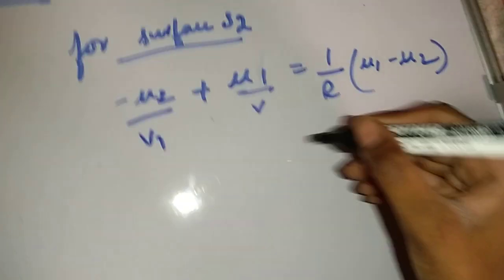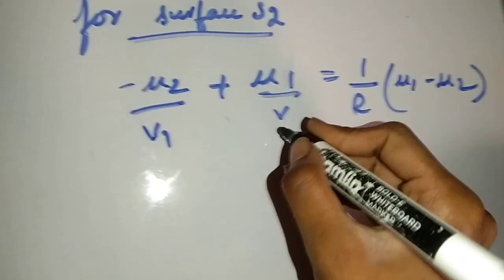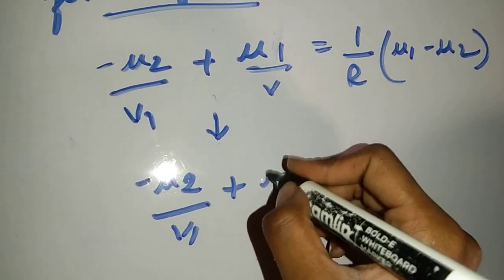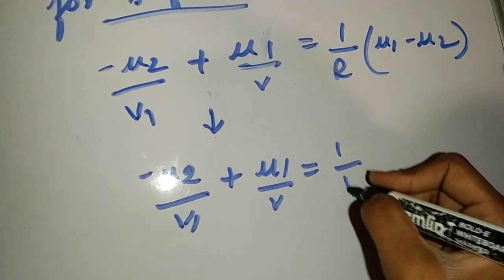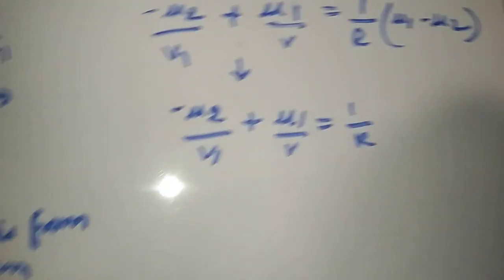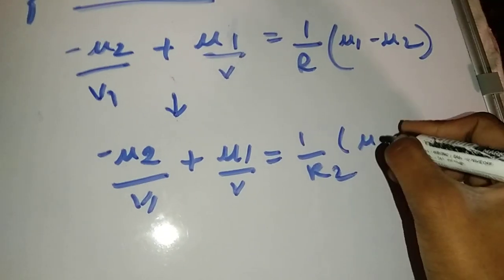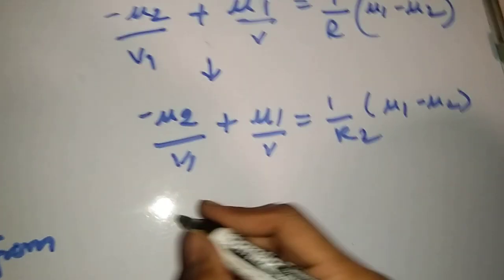So let us just write this as V1. Now when we write this again, we write minus mu2 upon V1 plus mu1 upon V equal to 1 upon R2. See, the earlier one is going to be 1 upon R1, I forgot to mention it. And this is going to be 1 upon R2, times mu1 minus mu2. Now we are going to take negative common.